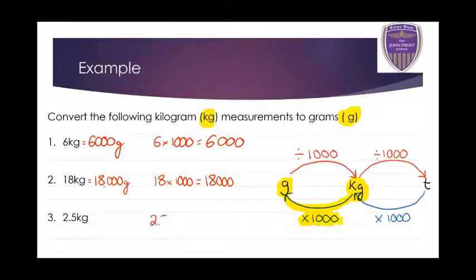So that's 2.5 times 1,000. 2.5 times 1,000 is 2,500, okay? So that means 2.5 kilograms is equal to 2,500 grams, okay? So pause the video, copy these last examples down, and then we'll move on to the main task.